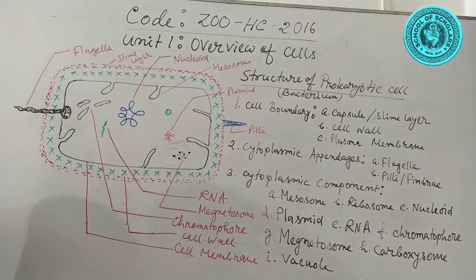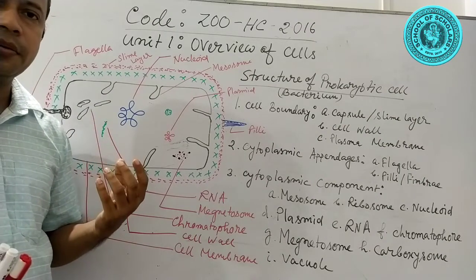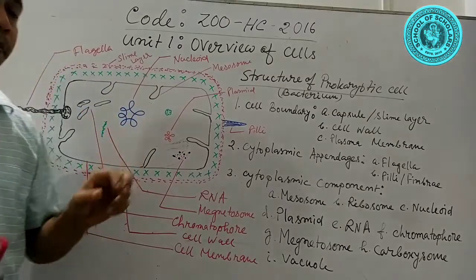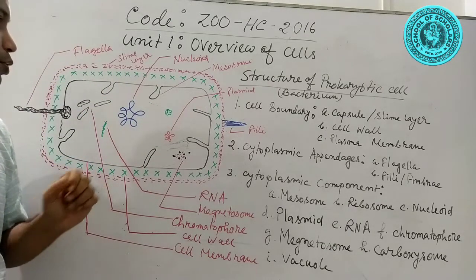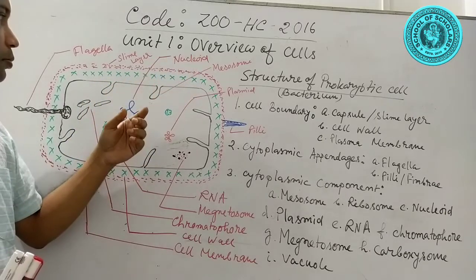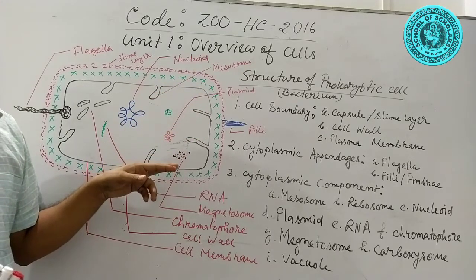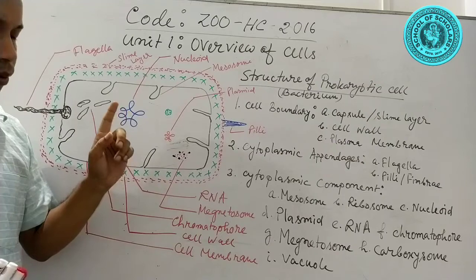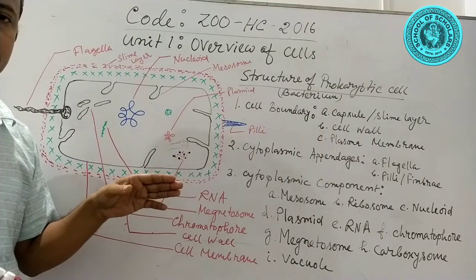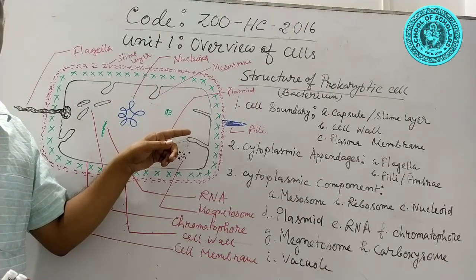Next one is the cell wall. The cell wall is present in bacteria and also present in plant cells, but there is a difference in chemical composition. In case of bacterium, or you may call it bacteria, the cell wall is formed of peptidoglycan, which is otherwise called murein, and it is one kind of mucopolysaccharide.